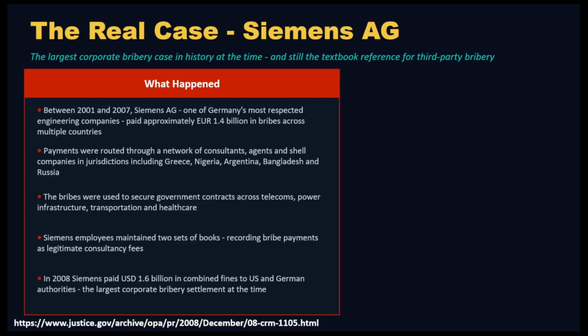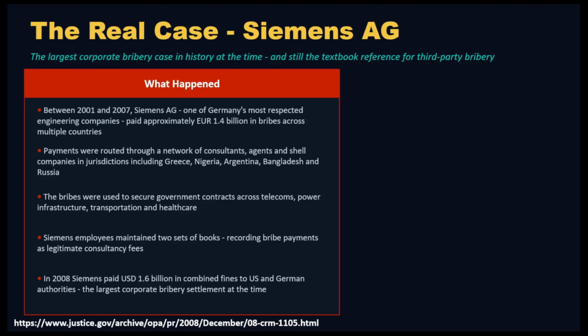This happened in telecom contracts, power infrastructure, healthcare, and transportation. How did they pay? Through a network of consultants, agents, and shell companies in offshore jurisdictions.